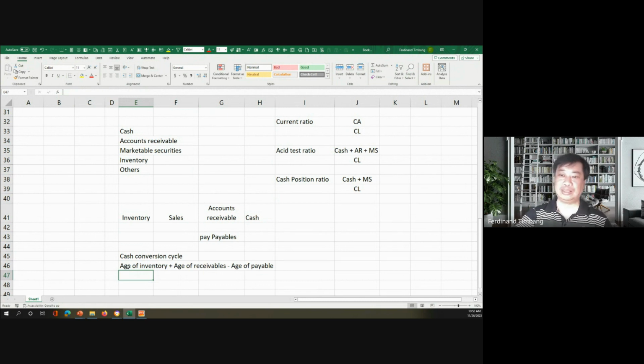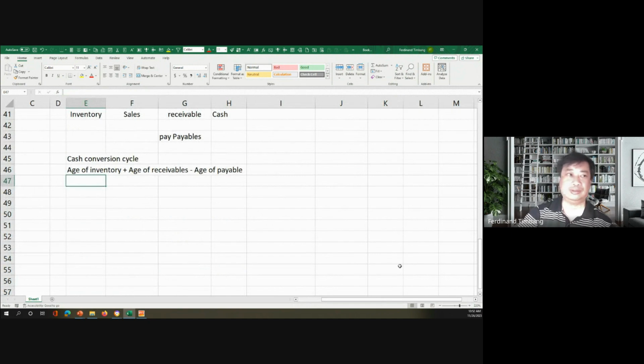Yan yung formula ng cash conversion cycle. Nakikita nyo? So that is the age of inventory plus the age of receivables minus the age of payable.